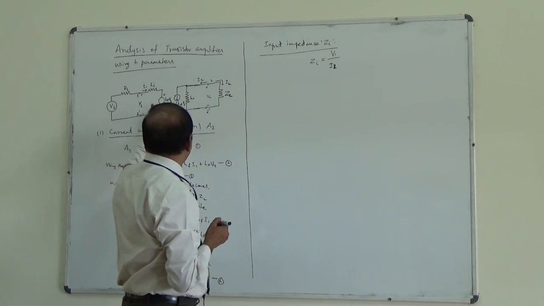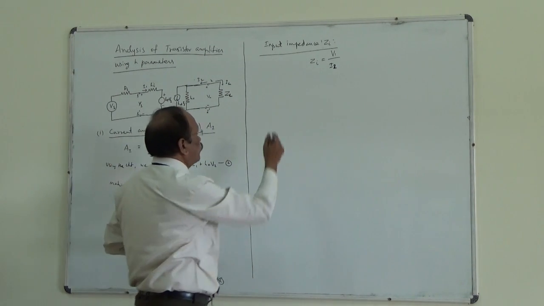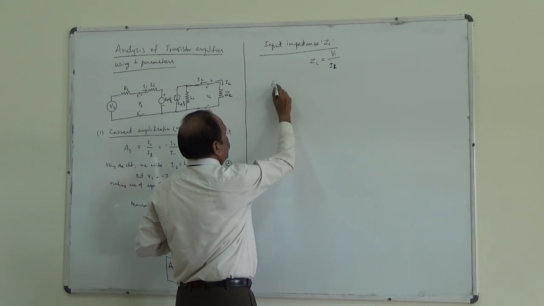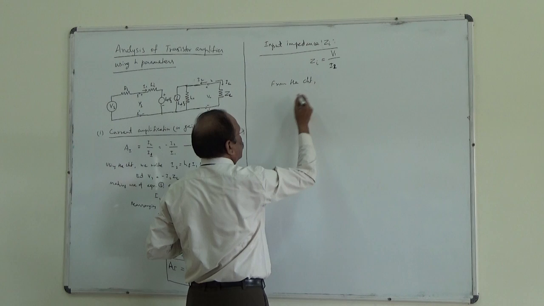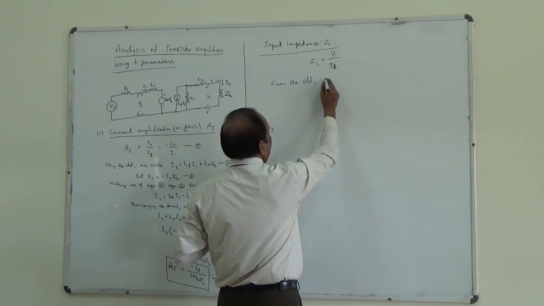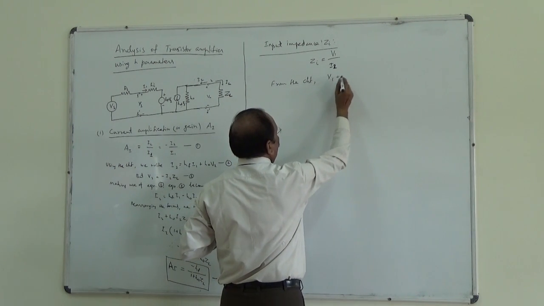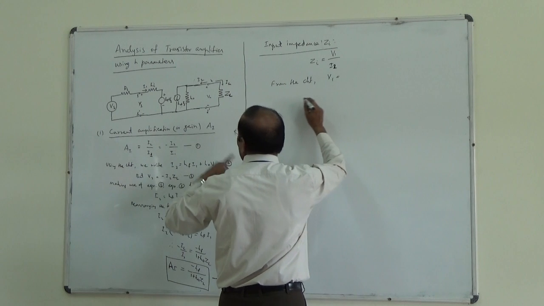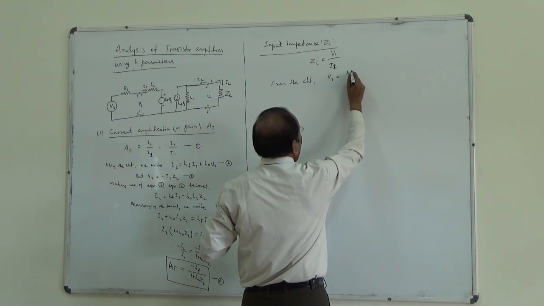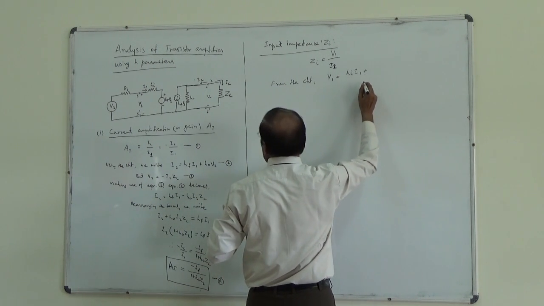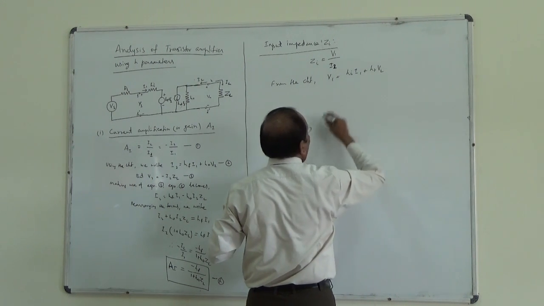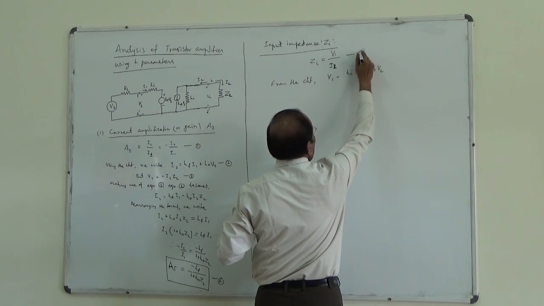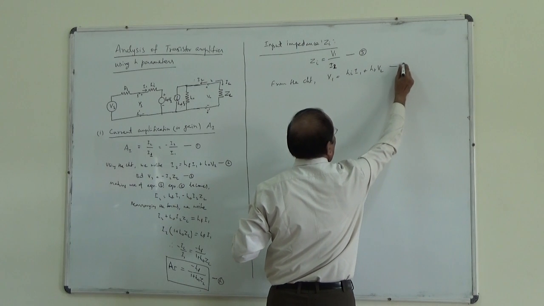So, from the circuit we can determine what V1 is. From the circuit on the input side we can write V1 is equal to Hi into I1 plus Hr into V2. I take this as equation number 5, and this as equation number 6.